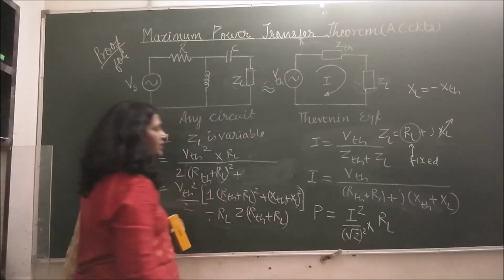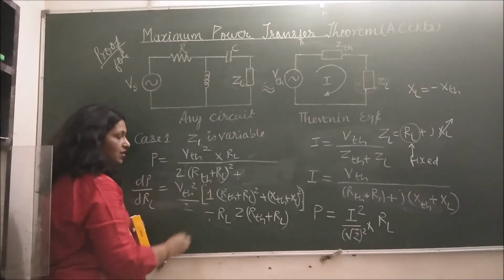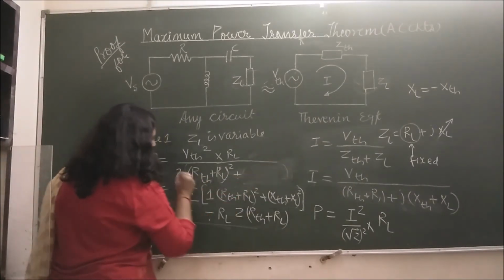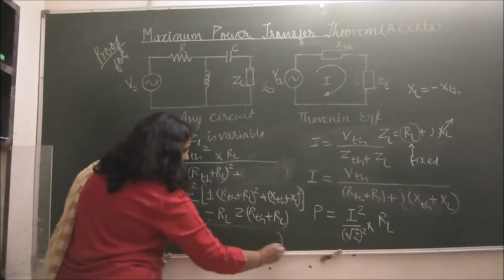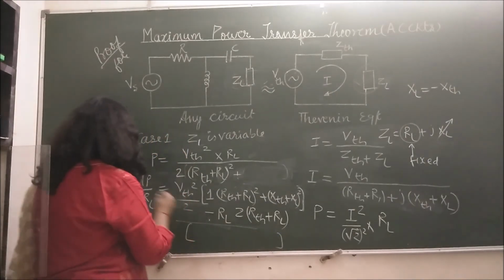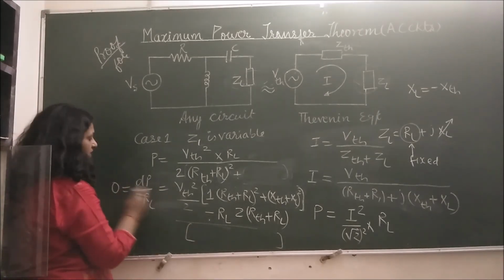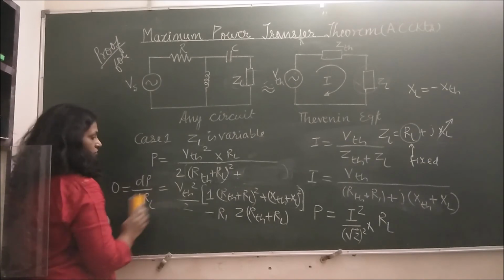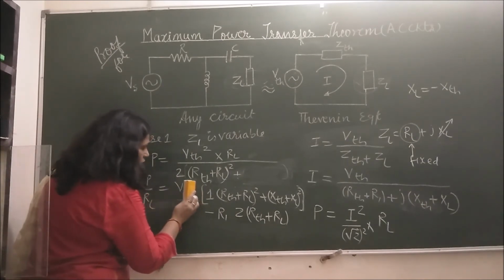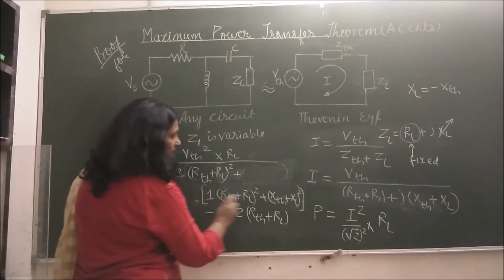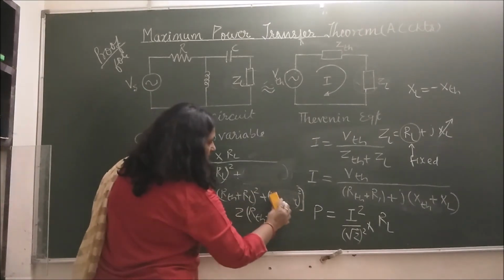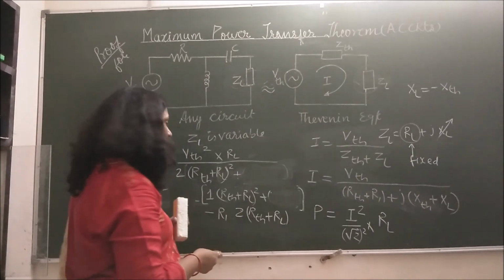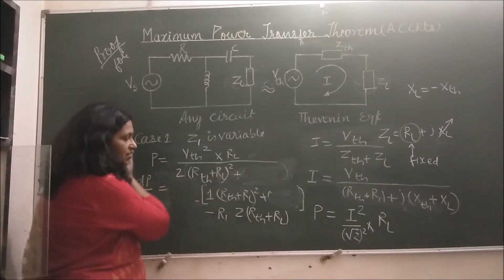Then there will be the square of the whole term in the denominator, and that is of no use, because when we multiply this term by 0 it will vanish. So only this term needs to be considered, and the other will vanish to 0 as XL is equal to minus XTH.